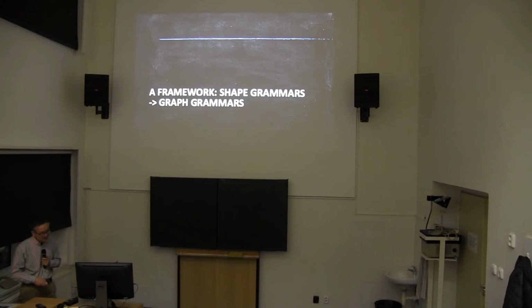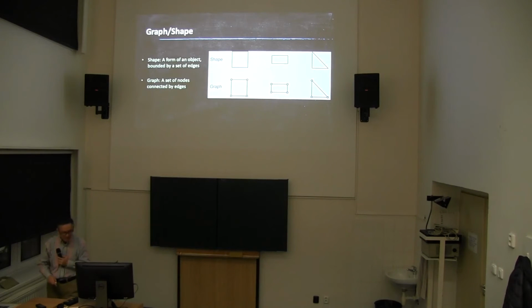Then let's look at how we combine the shape grammars with the graph grammars. Basically, we need to convert the shapes to graphs. You can see a square and a rectangle can be simply represented by a graph by making every vertex a node.